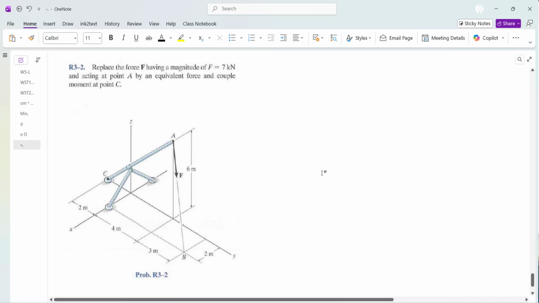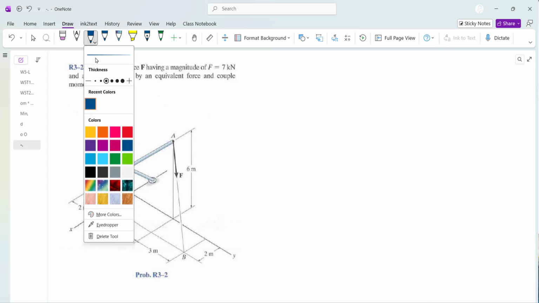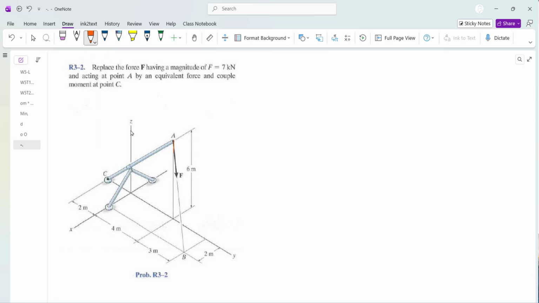So for example, this is the force F, which is sitting on the line of action, right?